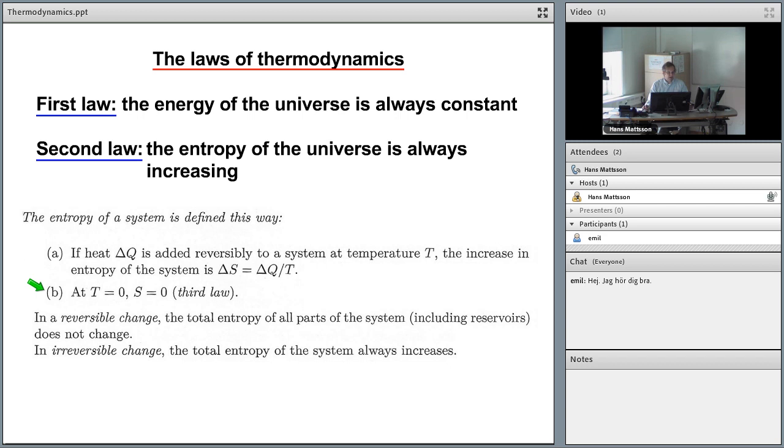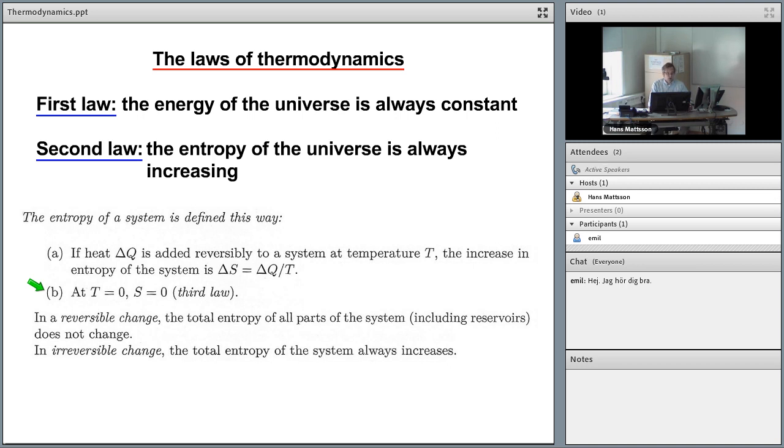And in B here we can see how the state starts here. We are stating that at the absolute temperature 0, the entropy is 0, and this is also called the third law of thermodynamics. And maybe you remember from physics that we can see heat as caused by the vibration of the molecules or the atoms in the matter.